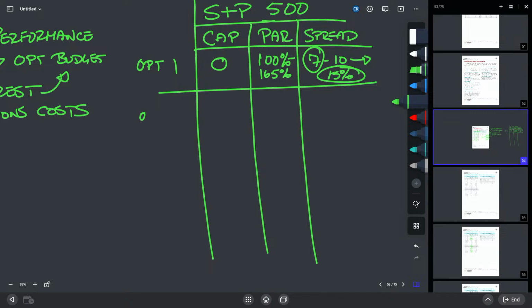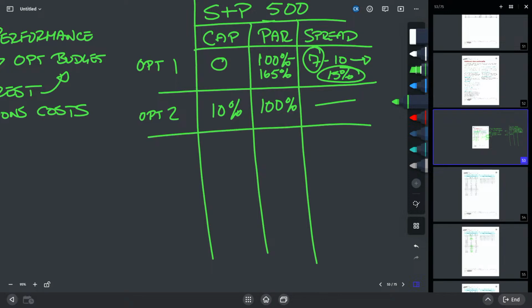But maybe option 2 is a 100% cap rate, meaning if the market does 10%, you keep all 10%. That's the participation rate. I'm thinking ahead. The cap rate is 10%, let's just say, and the participation rate is 100%, and then there's no spread charge because it's not viable.